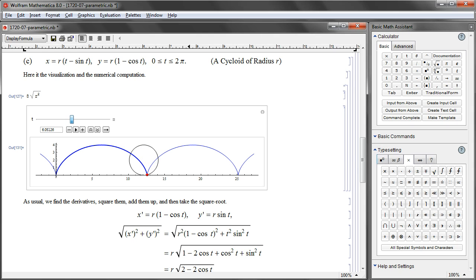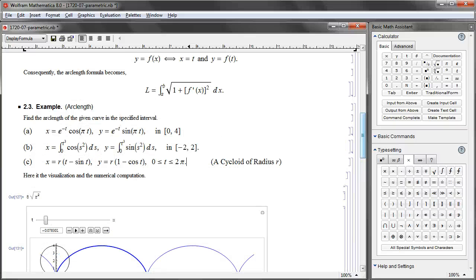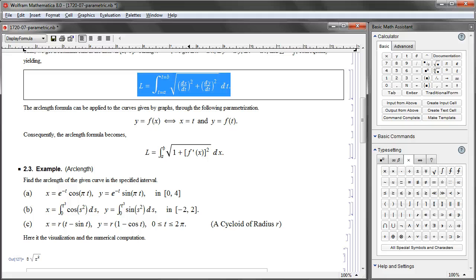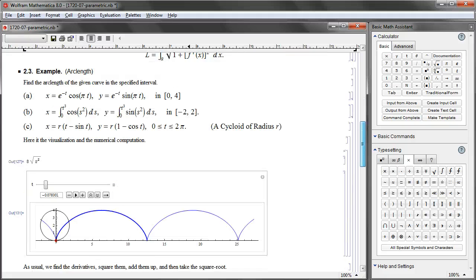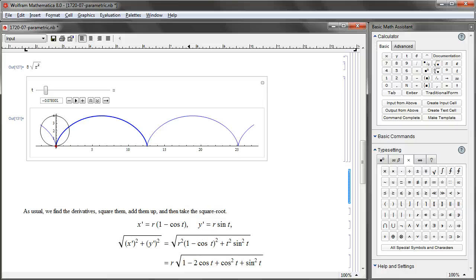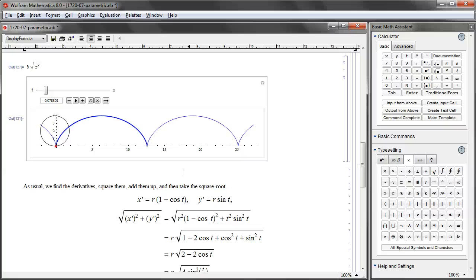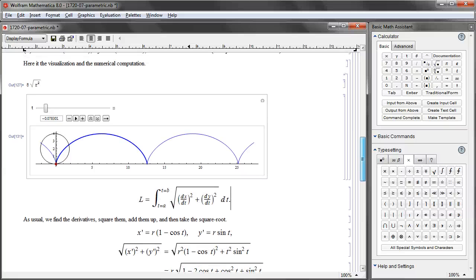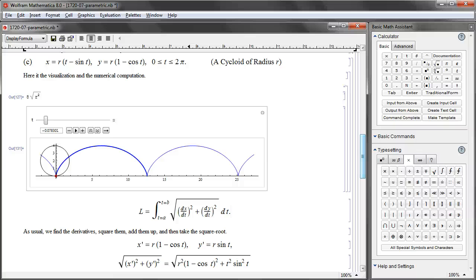Okay, that was the visualization, and then let's work out the computation. We want the arc length formula, this one, and t is running from 0 to 2 pi, alright, and then x and y are given like those, so we need the derivatives x prime and y prime.